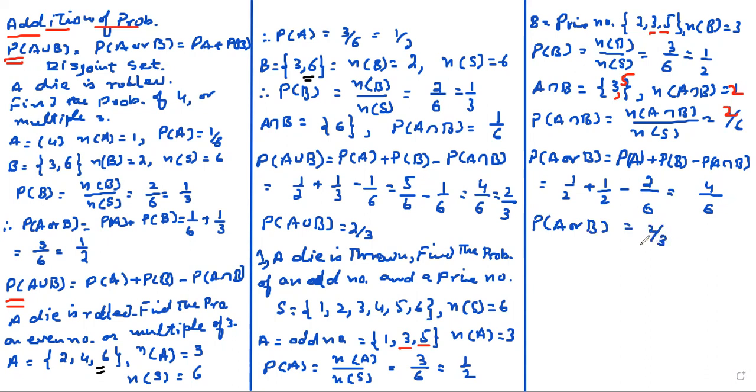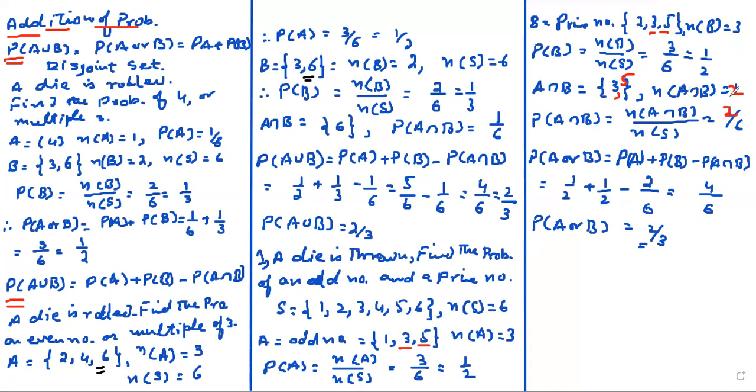I will repeat this question once again for you. A dice is rolled, what is the probability of an odd number or a prime number? Odd numbers are 1, 3, 5, and prime numbers are 2, 3, 5. So their probabilities are 1 over 2 and 1 over 2 respectively. Now we take their joint occurrence. We have seen two numbers, 3 and 5, are common to both.